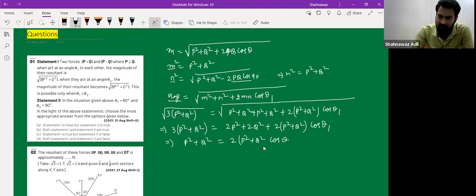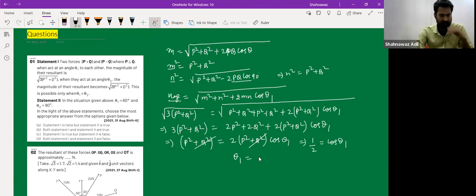Right, guys. So now this cancels, and we have 1 by 2 is cos theta. So what would be the value of theta 1? 60. Yes, so theta 1 is 60.